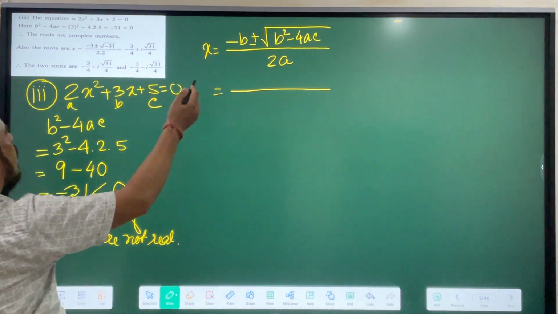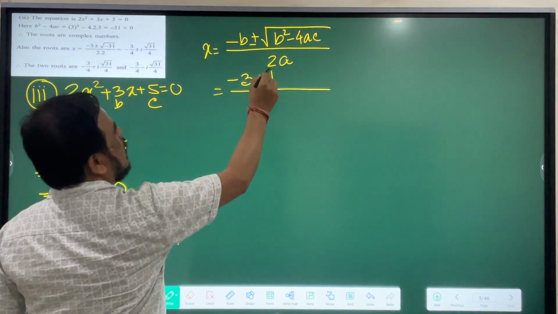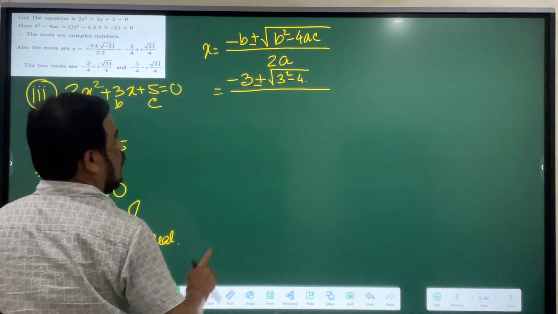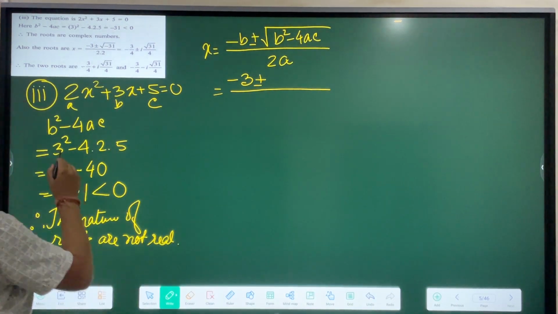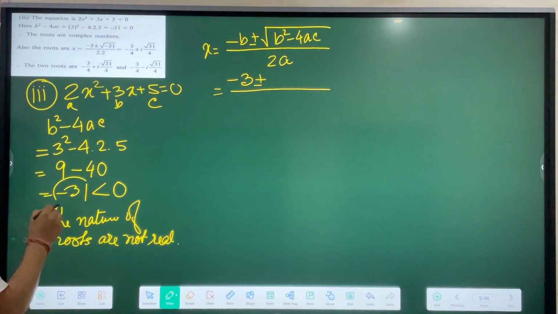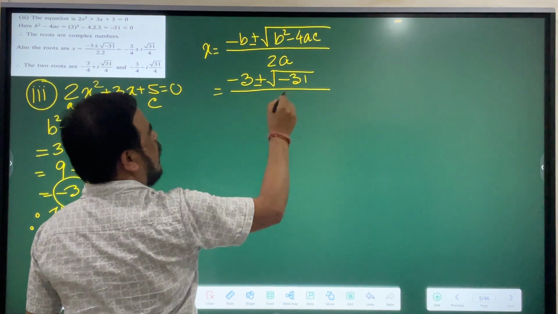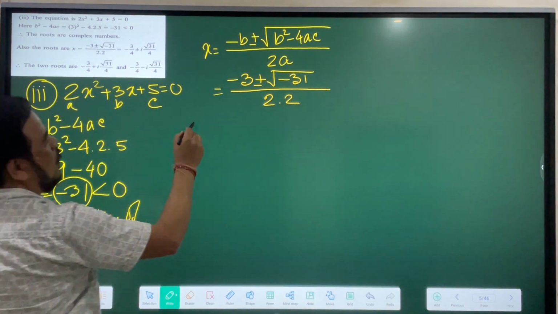Okay, x equals minus b. b is 3. Minus 3 plus minus square root of 3 square minus 4... Sorry, this is not needed, to do the calculation again, because already we have done here. The b square minus 4ac calculation is done. So square root of b square minus 4ac is 31, over 2 into 2, a is 2.